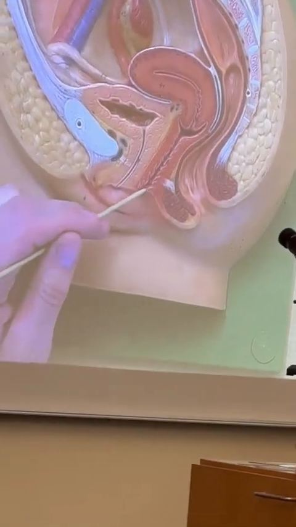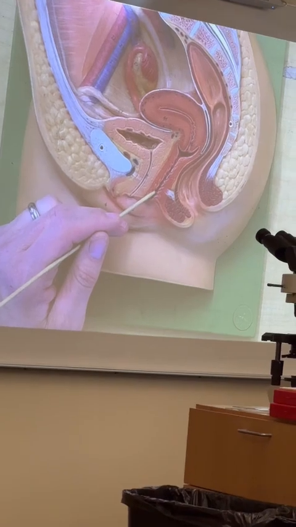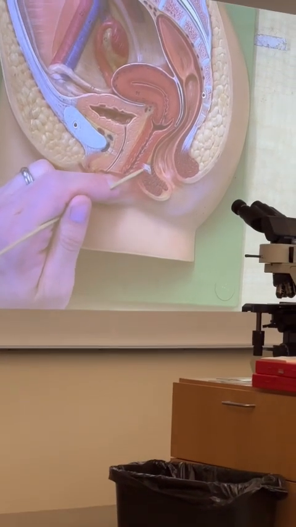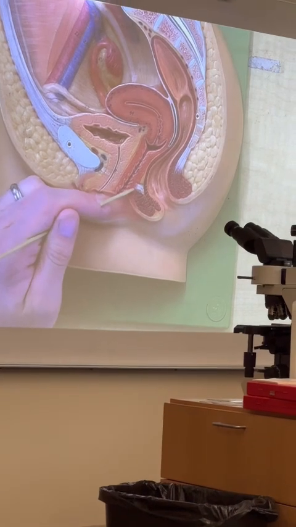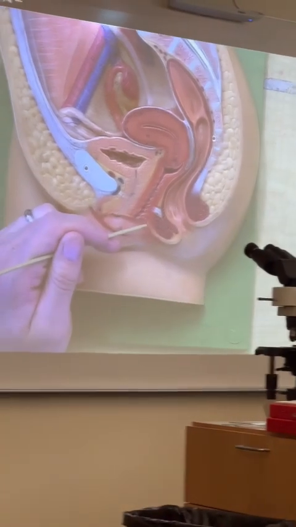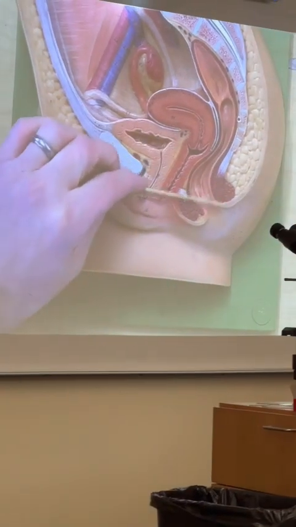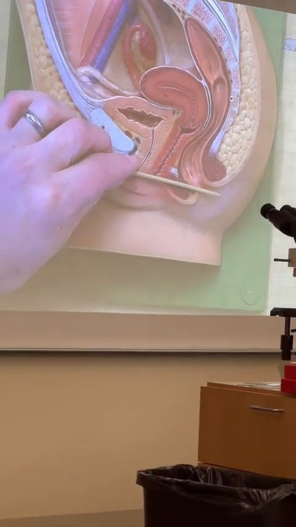It has a secretion that provides lubrication for the vagina for intercourse, and it's right here, right at the entrance to the vagina. But the model doesn't show it because the model is showing you everything that's here on the mid-sagittal line. So we have to look around just a little bit for it, and this model actually shows it fairly well.